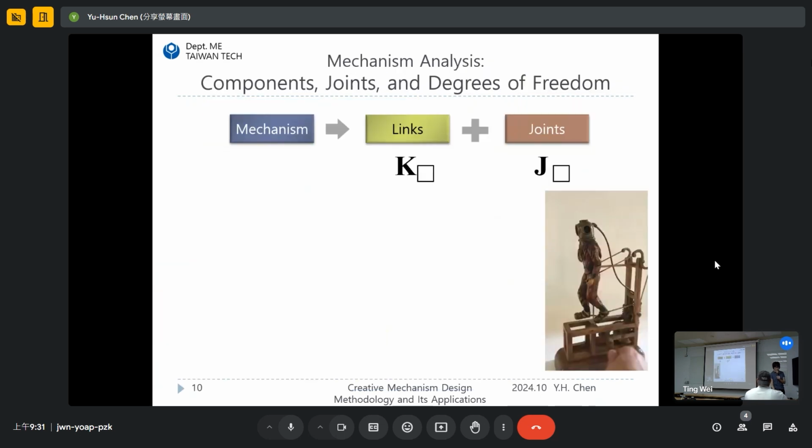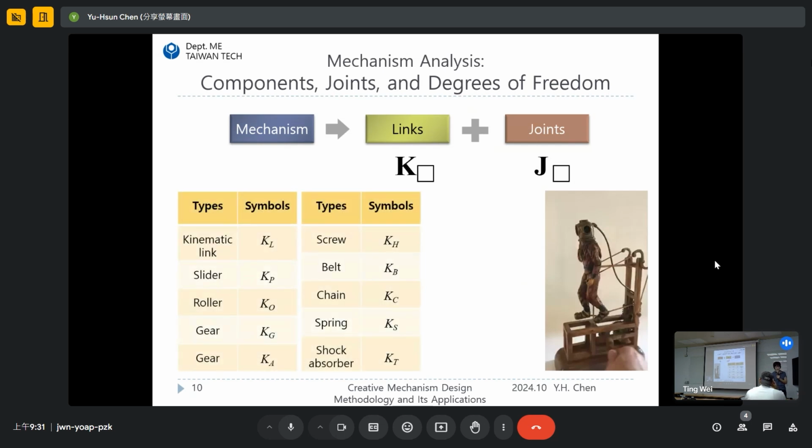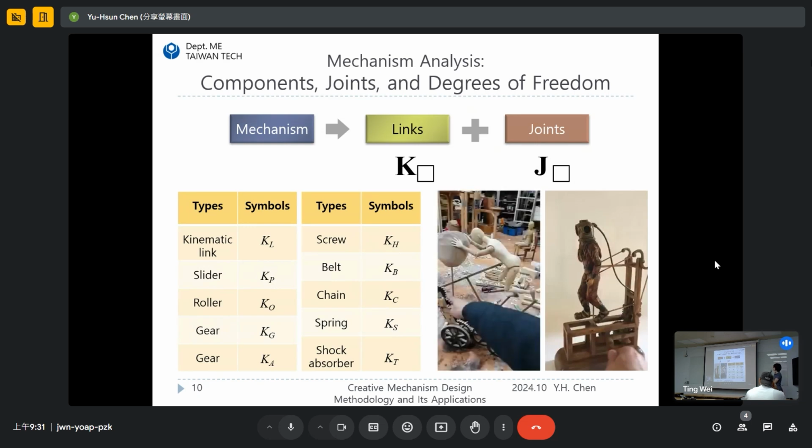And then let's take a brief review of the basic concept of mechanism analysis. So as we mentioned, a mechanism is composed of many links and many joints.